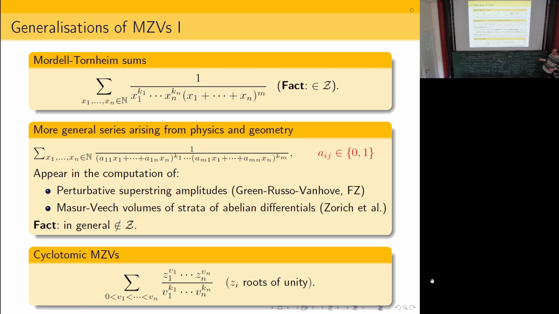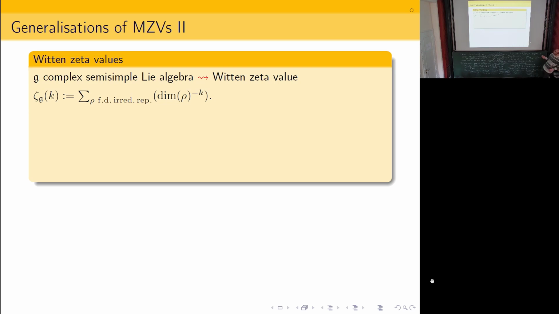Yeah, exactly. Okay, so now more generalizations of multiple zeta values. I think these were called Witten zeta values in a paper of Don in the 90s. Witten looked at complex semisimple algebras and considered this kind of series, and so they are called Witten zeta values.